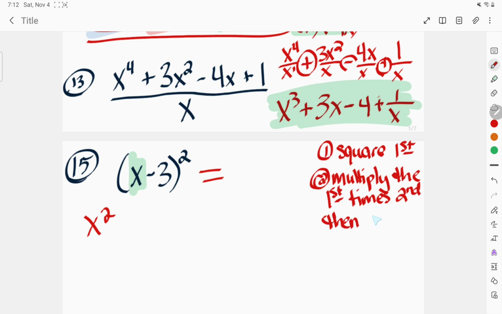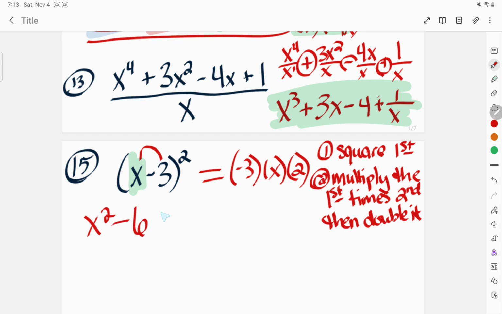Then double it. Okay, so multiply -3 times x. So you're doing -3 times x times 2. -3 times x is -3x. -3x times 2 is -6x.